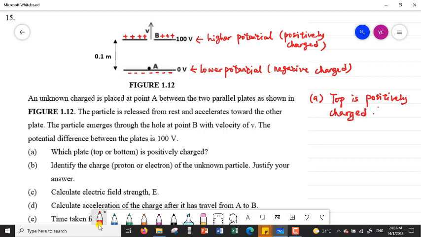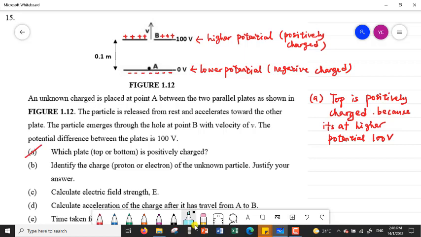Because, okay, we put the reason also. Because it is at higher potential, 100 volt, compared to the bottom plate. Alright, then done question A.